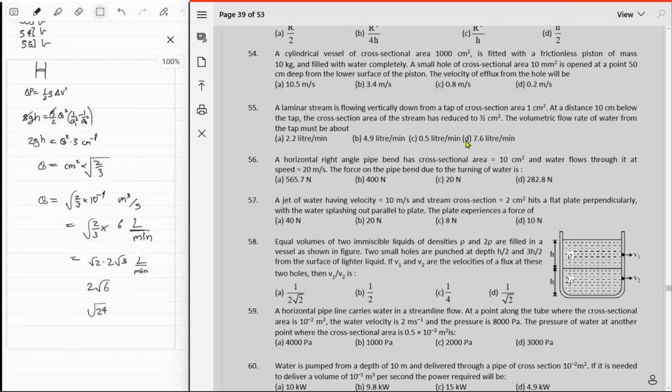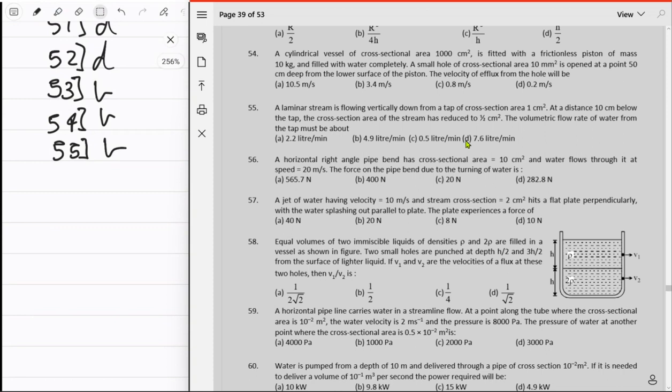Physics. A horizontal right angle pipe bend has cross section area equal to this thing. Water flows through it at some speed. The force on the pipe due to the, once again, just very weird because they're not considering the pressure involved. We should consider the pressure involved, right?